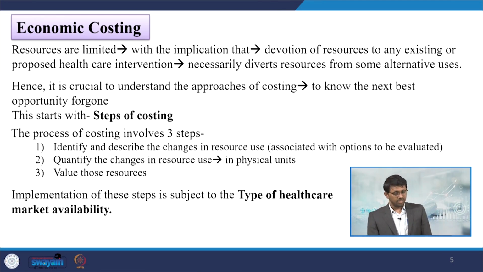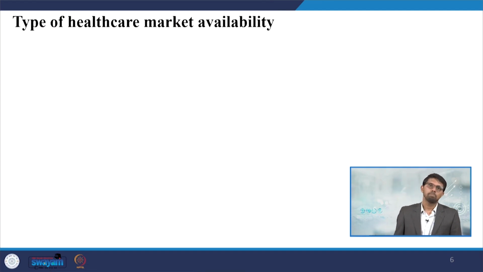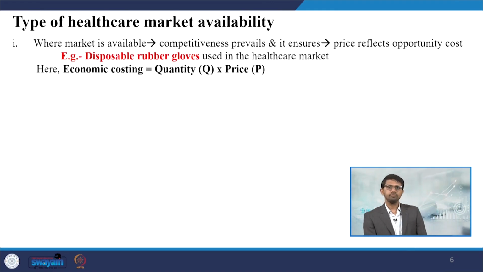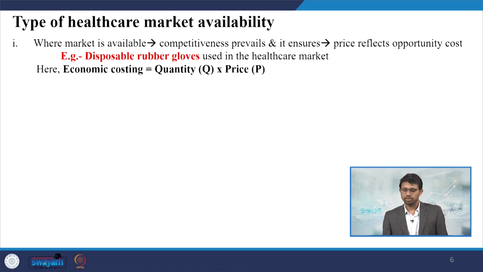Implementation of these steps is subject to the type of healthcare market and its availability, whether it has a competitive structure, whether it ensures rational distribution and price structuring, and the price must reflect the opportunity cost.